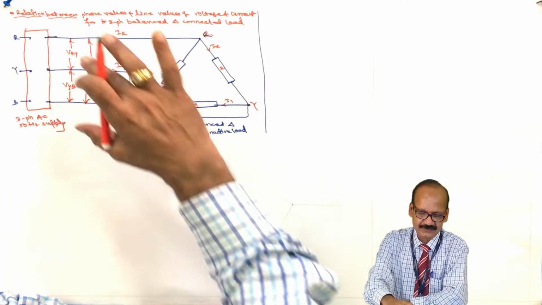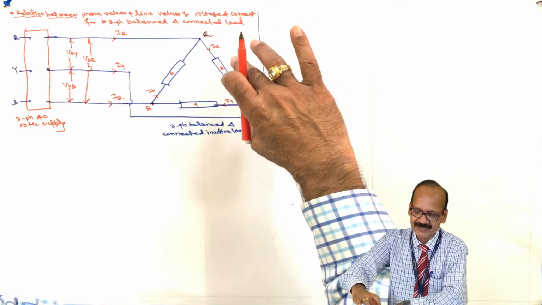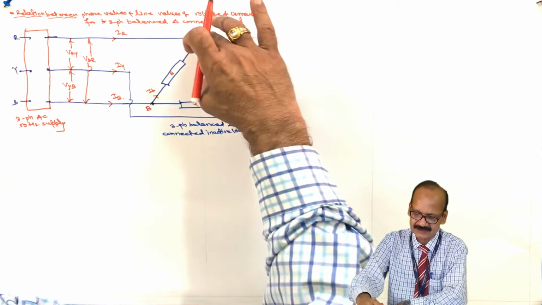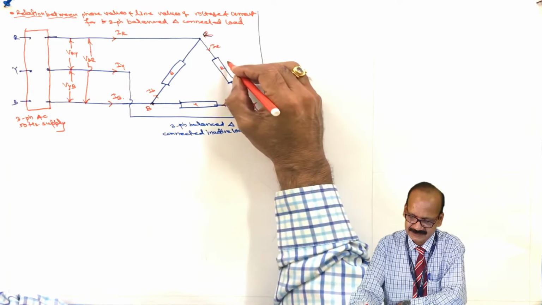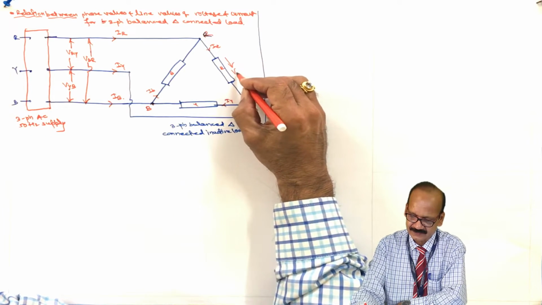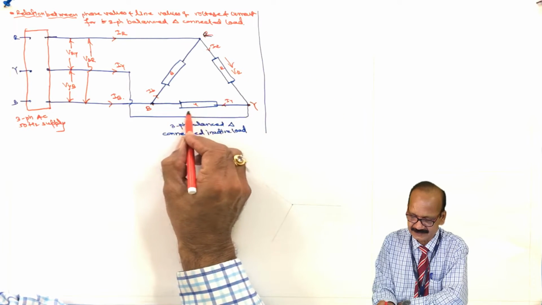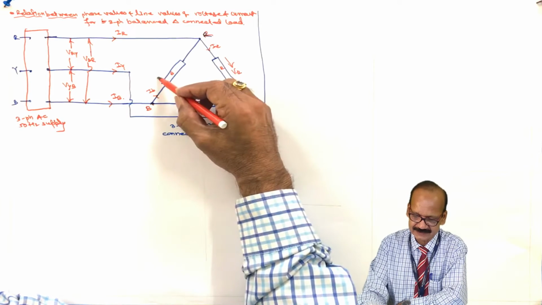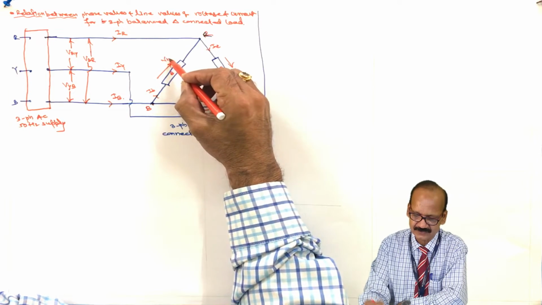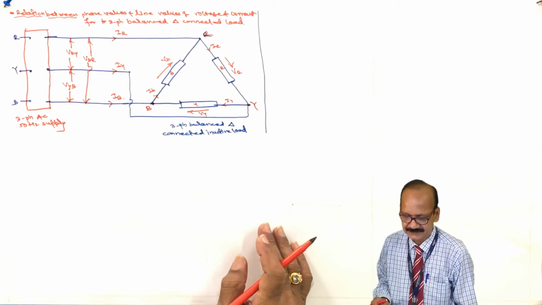The voltage across a phase of a load is known as phase voltage. So this is V small r, between Y and B this is V small y, and this is V small b. So we have to declare the nomenclature.